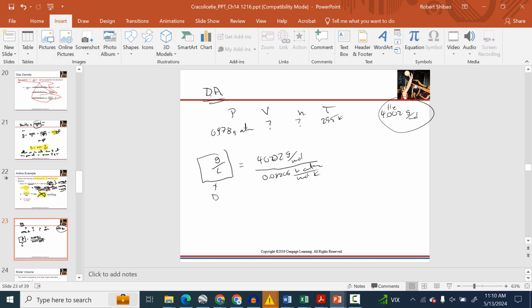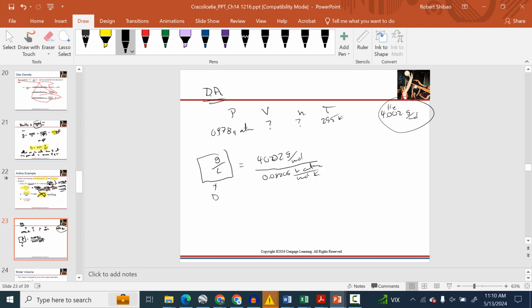Well, this is convenient because the moles cancel here. So I want to leave grams per liter. What else do I need to cancel? I need to cancel the Kelvin. So I'm going to put 295 Kelvin down here in the denominator.